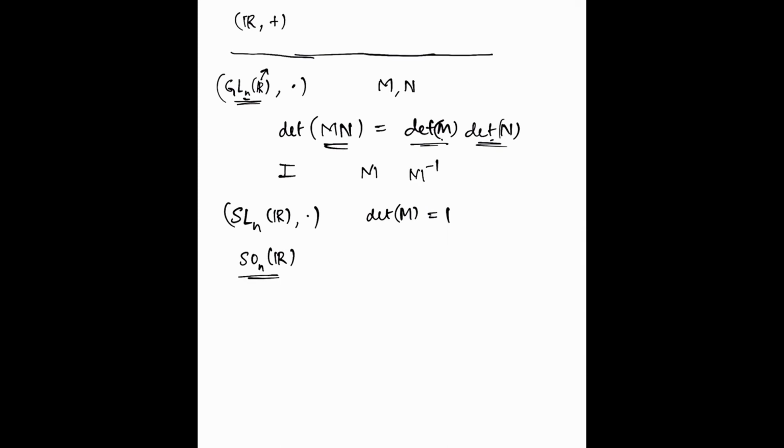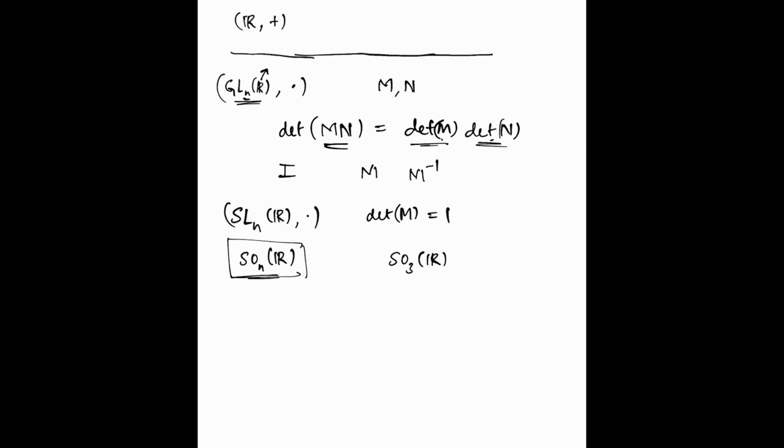So SONR is a wonderful group. In quantum mechanics, a lot of you will see later the specialty of this group called SO3R, which is just the three-dimensional orthogonal group, right?